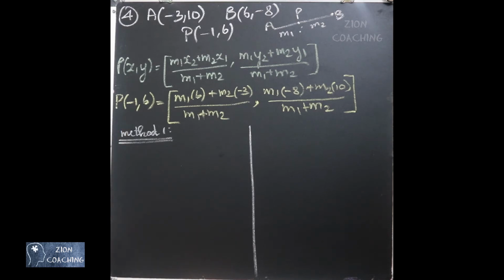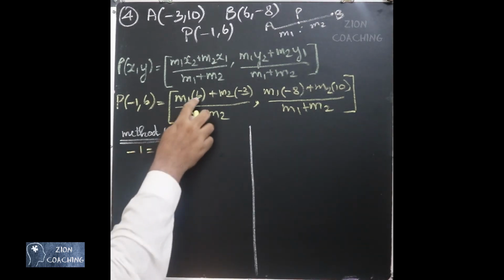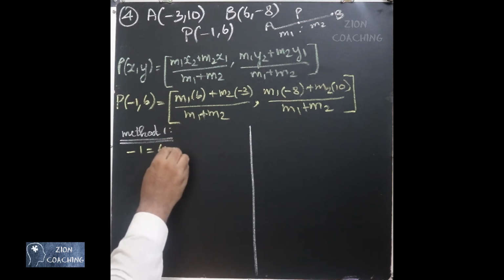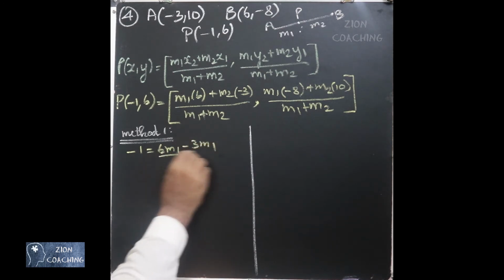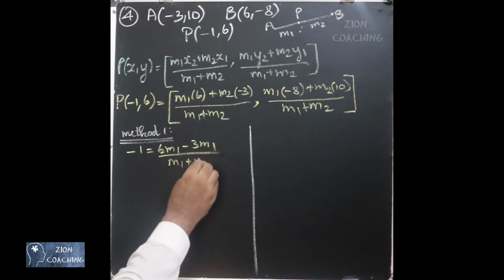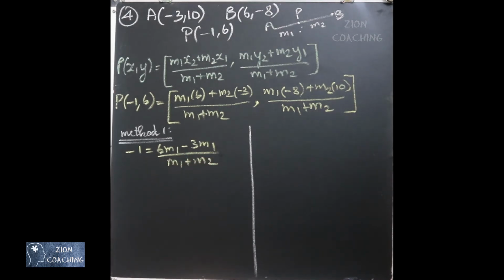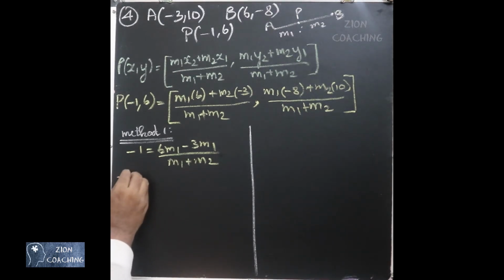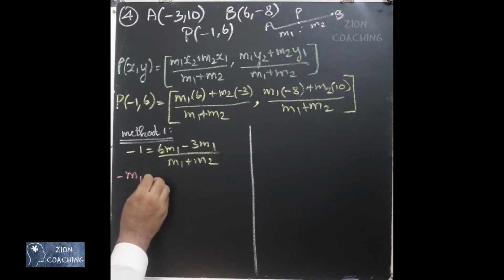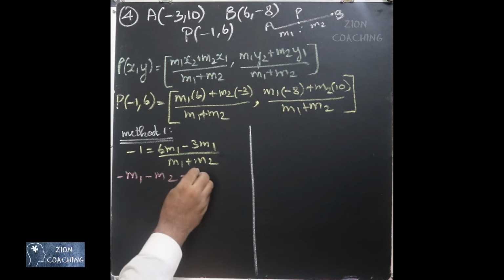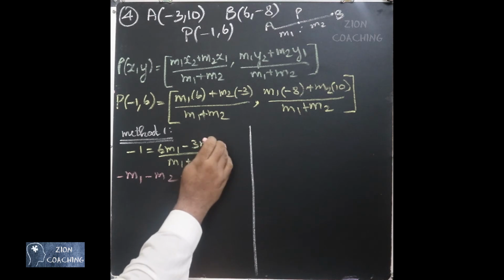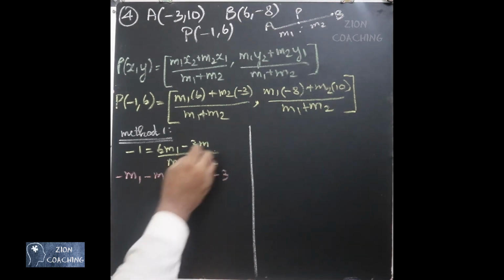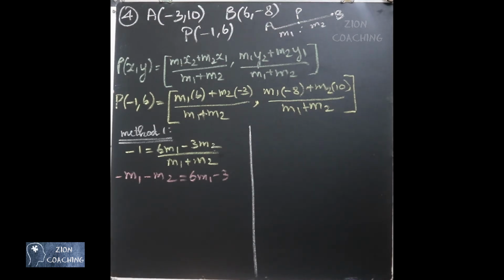You have your x value to be -1 equal to, this 6 into m1 is 6m1, that -3 into m2 is -3m2, by m1 plus m2. When you take this m1 plus m2 to the other side, it will get multiplied with -1. So -1 into m1 will be -m1, -1 into m2 will be -m2, equal to 6m1 -3m2.